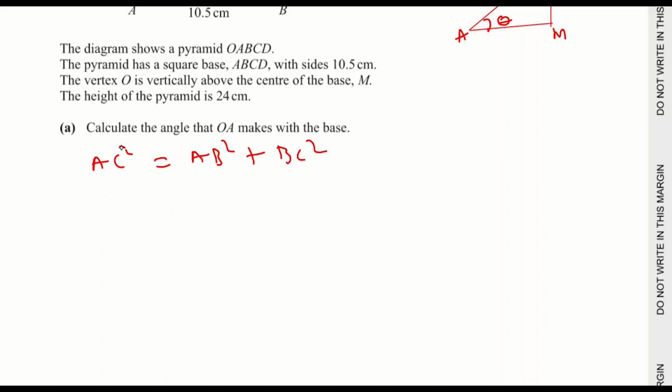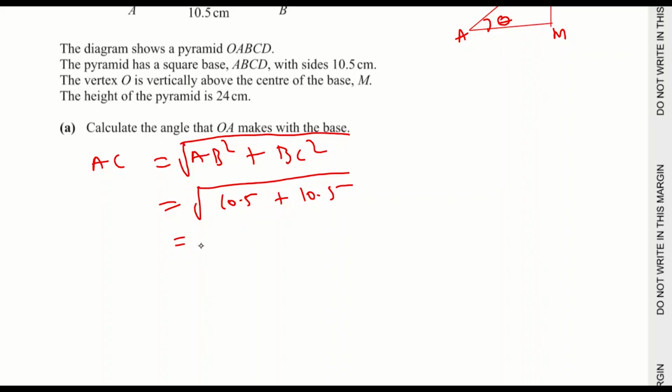So I can take the square root straight away. If you take the square root of both sides, AC equals the square root of 10.5 squared plus 10.5 squared. If you input this into your calculator, the value of AC equals 14.8492. So AM equals half of AC.